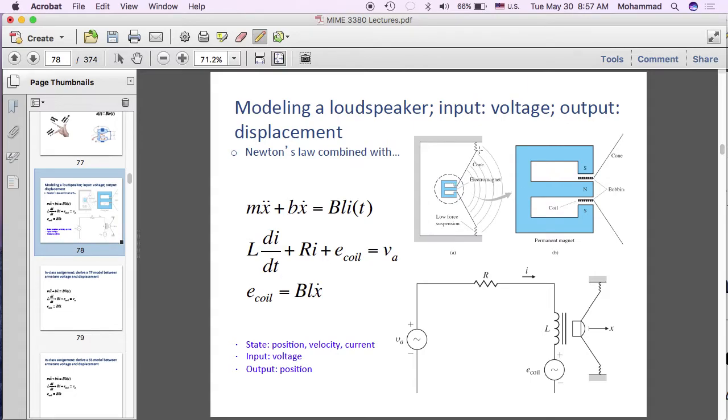And this cone is basically suspended in a frame to give it less potential for interaction between frequencies. So this is the magnet and the coil. This is the schematic of the entire speaker.